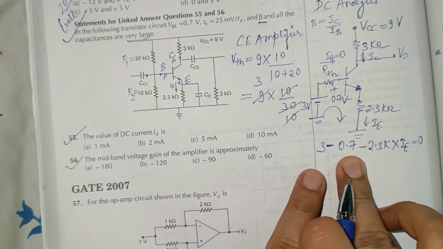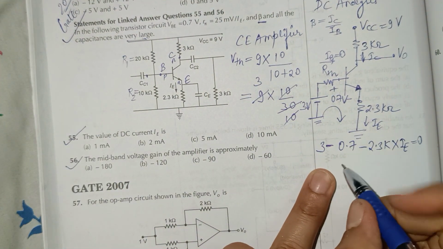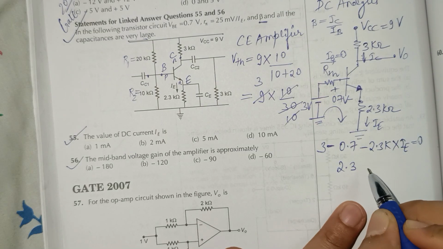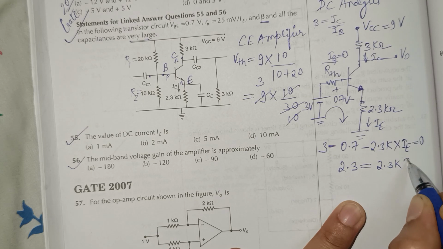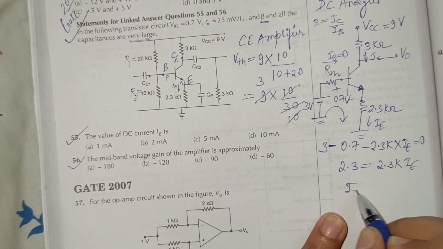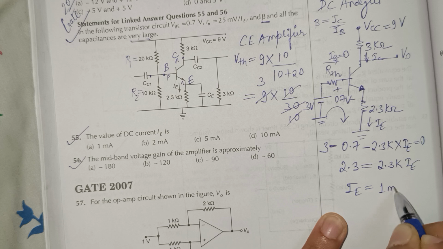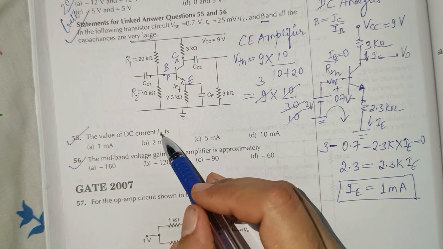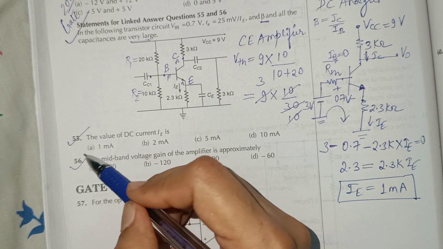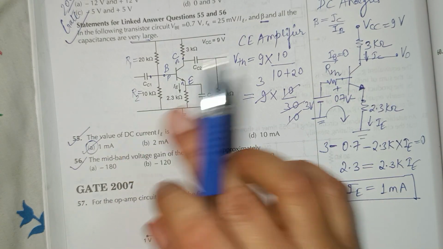So 3 minus 0.7 is 2.3, and it is equal to 2.3 kilo ohm into IE. So IE is 1 milliampere, right? And IE is equal to IC, so the answer will be A, 1 milliampere.